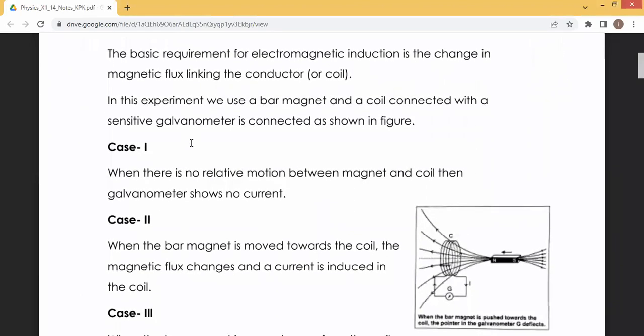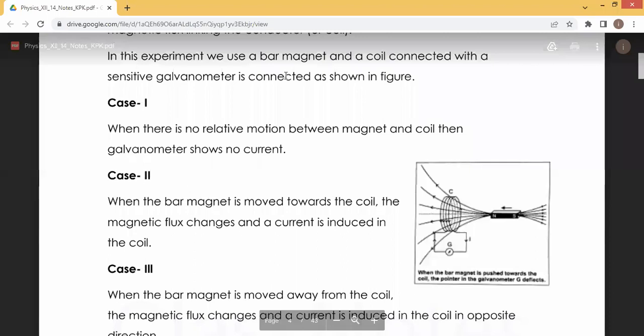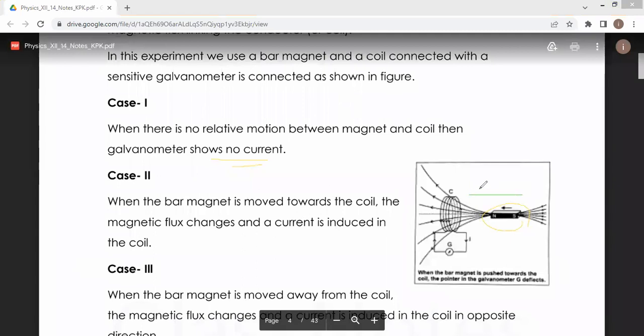So first, case one is when there is no relative motion between magnet and coil, then the galvanometer shows no current. When a bar magnet is moved towards the coil, let us say in this direction, the magnetic flux changes and a current is induced.